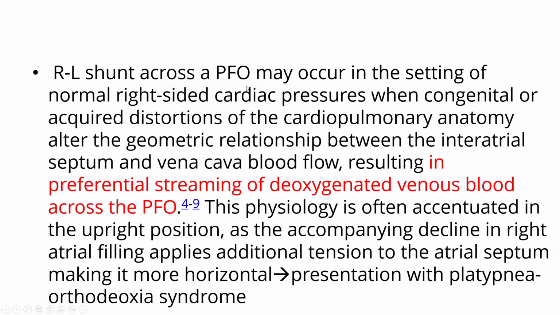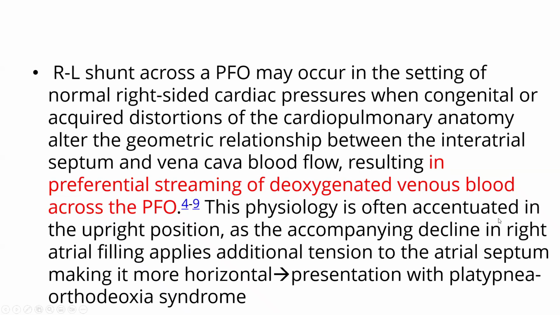So right to left shunt across a PFO may occur in the setting of normal right-sided cardiac pressures when congenital or acquired distortion of the cardiopulmonary anatomy alters the geometric relationship between the interatrial septum and vena cava blood flow, resulting in preferential streaming of deoxygenated venous blood across the PFO.